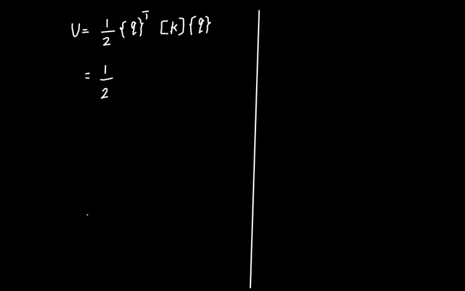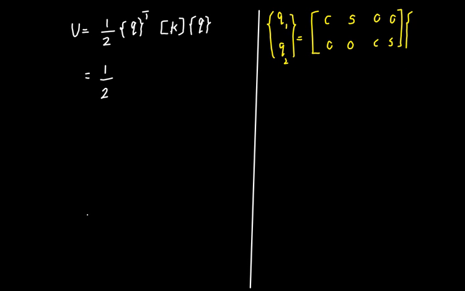Q1, Q2 can be written as C S 0 0, 0 0 C S, followed by U1, V1, U2, V2.